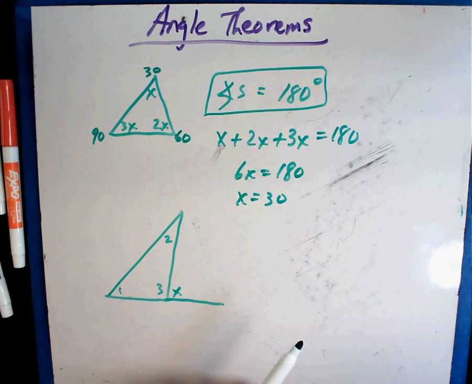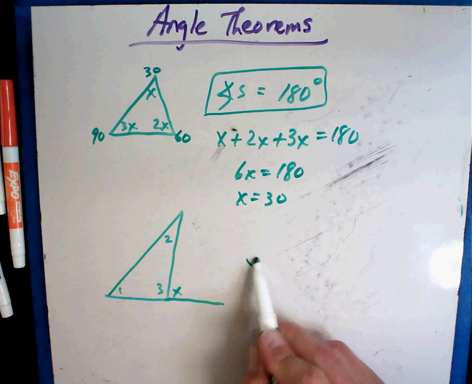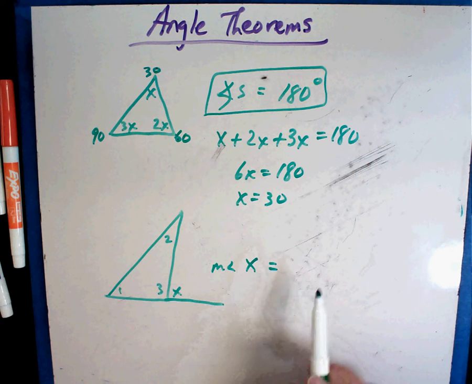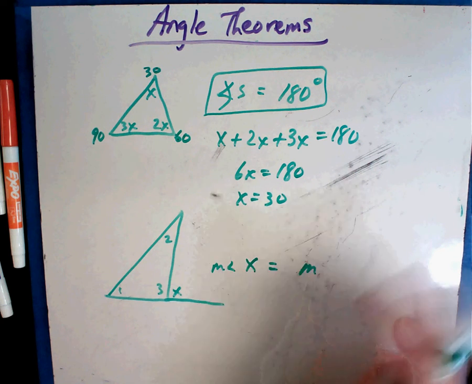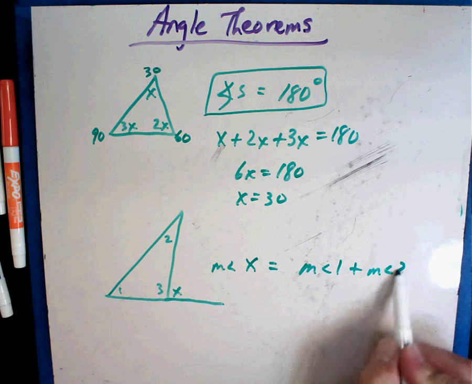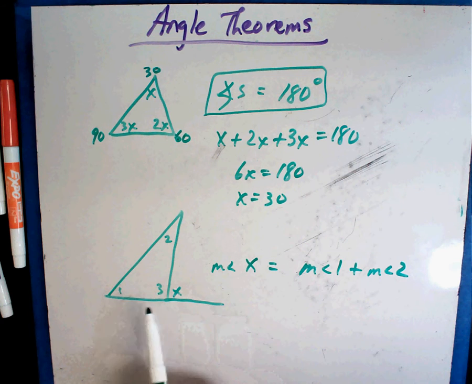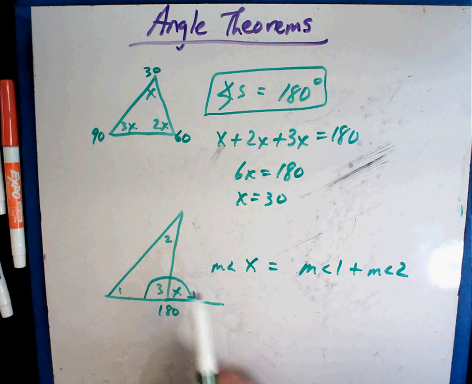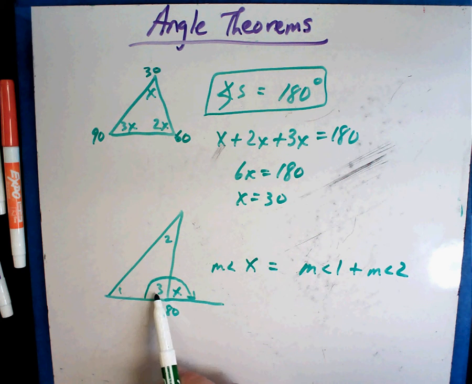Well, there's a little bit of a shortcut, and the shortcut says that the measure of angle x is going to be equal to the measure of angle 1 plus the measure of angle 2. Now you know that the degrees on a straight line are 180 degrees. It would be real simple if I knew angle 3: 180 minus 3 gives me that answer.